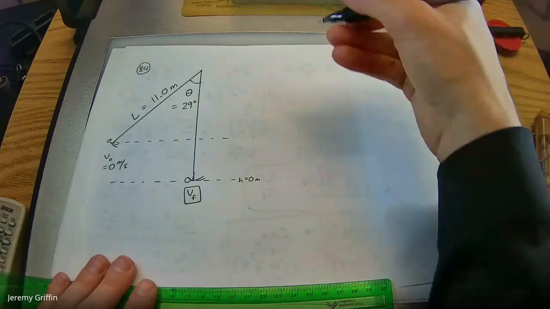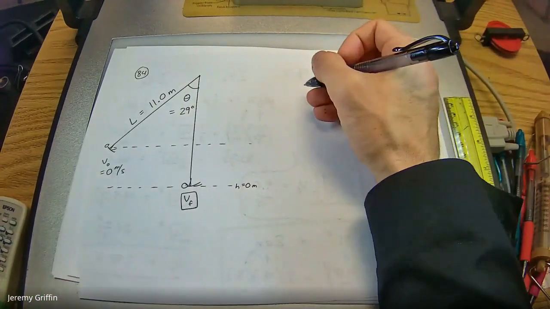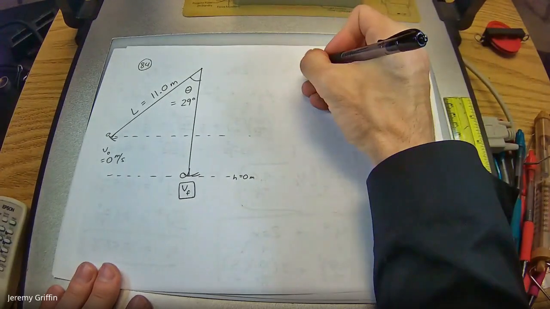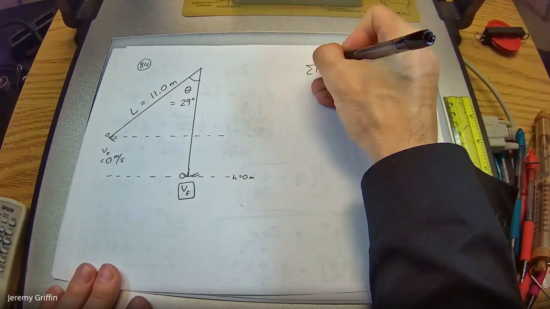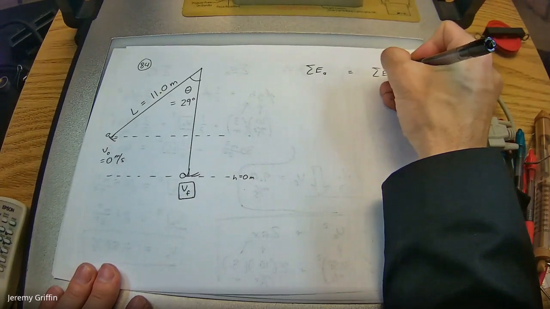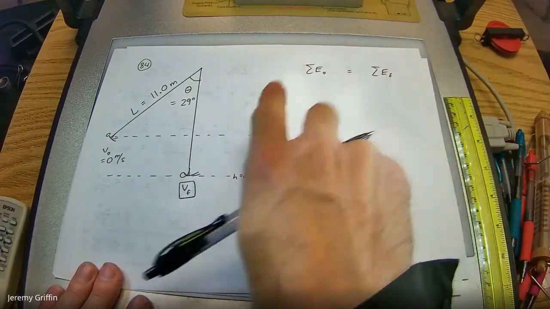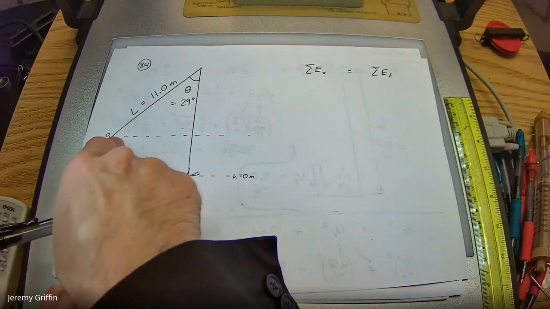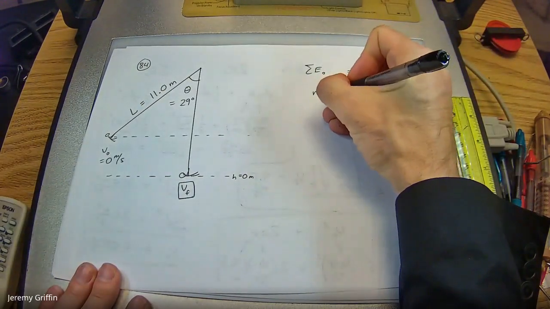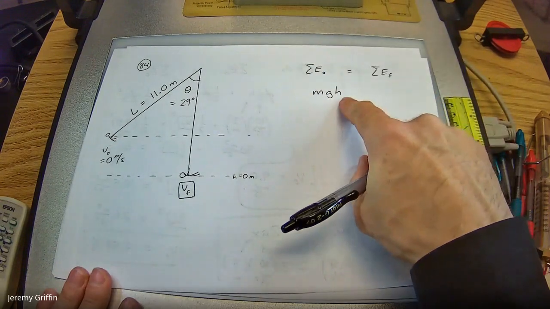All right, so this is eventually going to feed into the framework: sum of energy at the top is equal to sum of energy at the bottom. That's true, right? At the top, it's all what kind of energy? Yeah, potential energy, mgh. Let me pause there, because what refers to what?